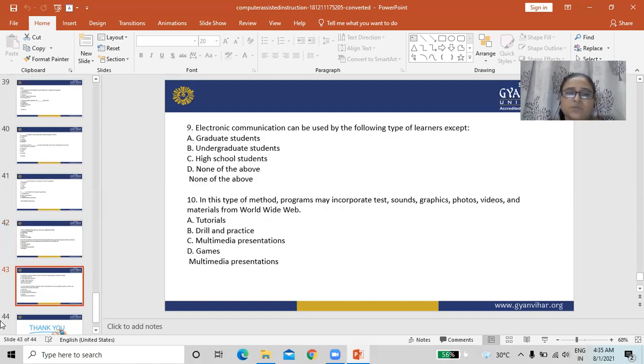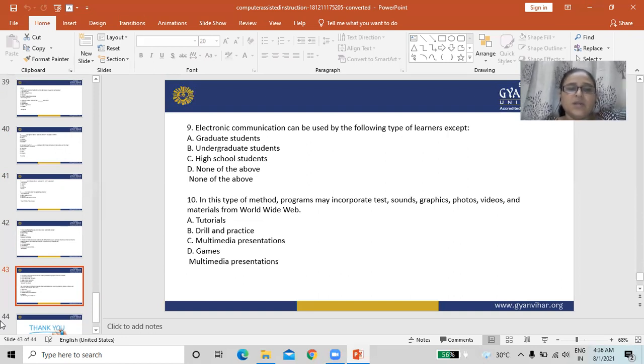Next MCQ. Electronic communication can be used by the following type of learner. Option A graduate student, option B undergraduate student, option C high school student, option D none of the above. Correct answer is none of the above, because electronic communication can be used by any person. Next MCQ.